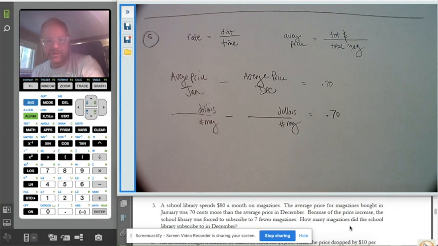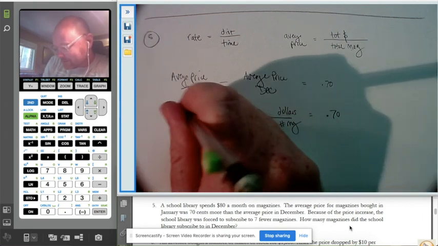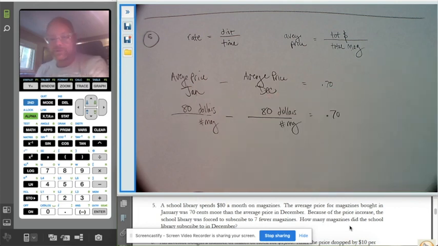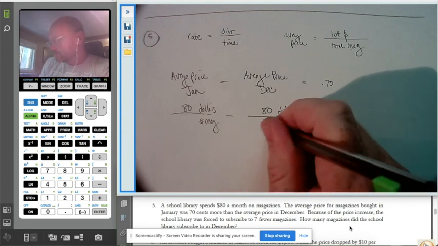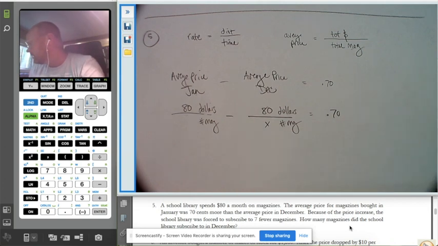So now let's start plugging in numbers. A school library spends $80 a month on magazines. It sounds like it's that amount of dollars in both months, right? So we're talking about $80, but we're dividing by a different number of magazines, right? So we need to find out how many magazines the school library subscribed to in December. So we want this to be X. So let's see, what is the other number of magazines?